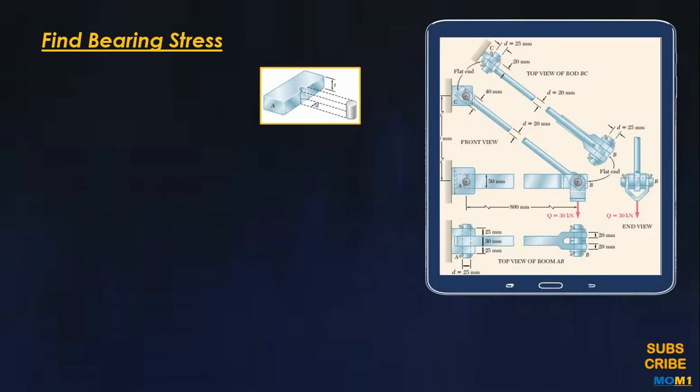Now here in this case, if we see the bracket at pin A, this is going to be the situation where the beam is pushing this pin and the pin is further pushing this bracket, and where the force is applying, if I draw like this a half circle, let's say this is the bracket.